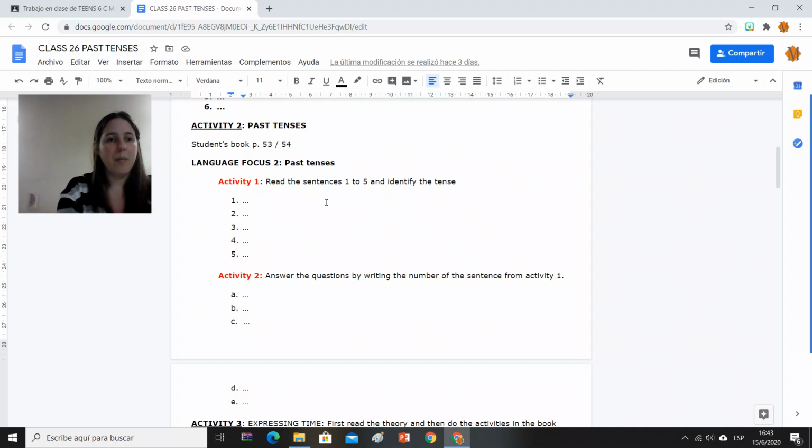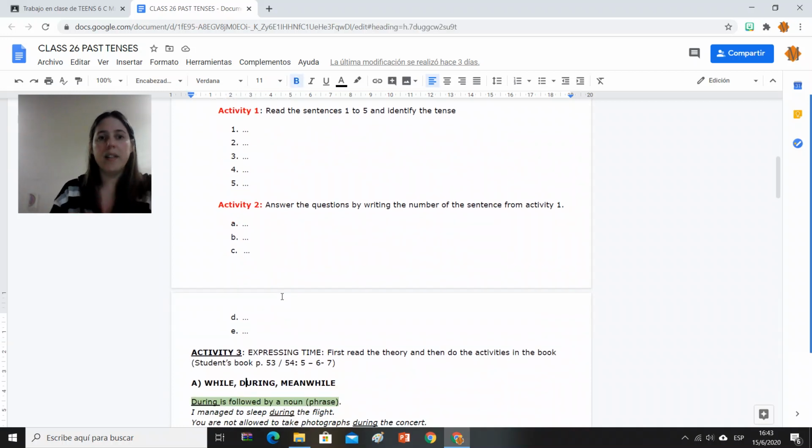In activity number 2, answer the questions by writing the number of the sentence from activity number 1. It says, for example, A, a series of actions or events following each other in chronological order. ¿Qué oración de arriba, de la 1 a la 5, veo que hay una serie de acciones que siguen un orden cronológico? ¿Sí?